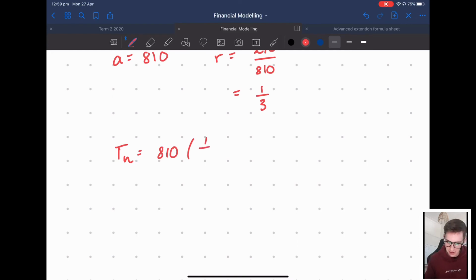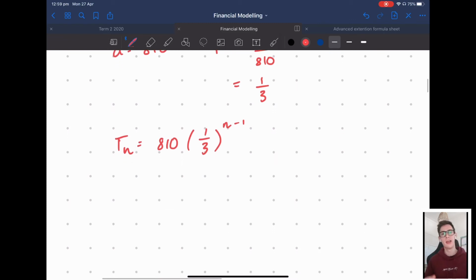It's especially important to have those brackets when you're doing a fraction, because if you just do a power on the top number, it's very different to doing it around the whole fraction. And it's going to be 1 less than the spot we're up to, so n minus 1. And that's our explicit rule. Can't really be simplified because I don't know what n is yet.